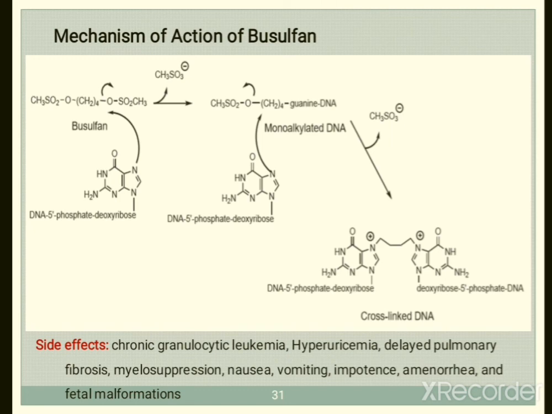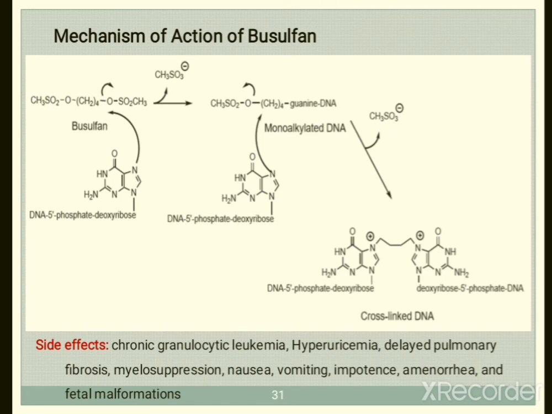If you remember the pattern of how to write the mechanism of these alkylating agents, it is easy to remember. In the Busulfan structure, the DNA base will attack the carbon, CH2 four times given here, meaning at one CH2 the base of the DNA attacks, with removal of CH3SO3 minus.